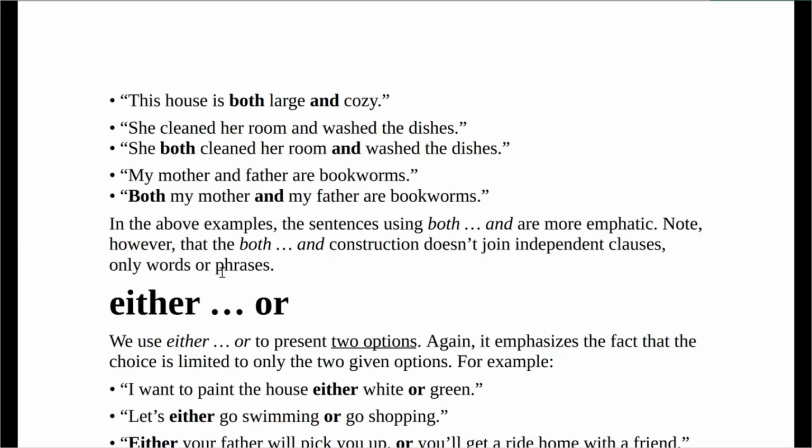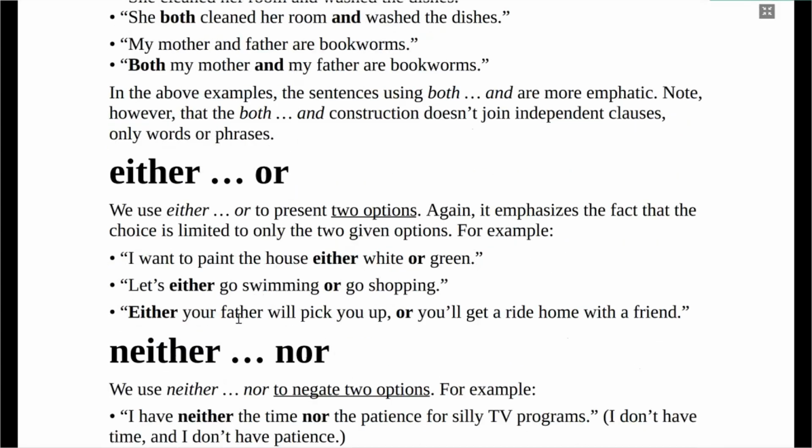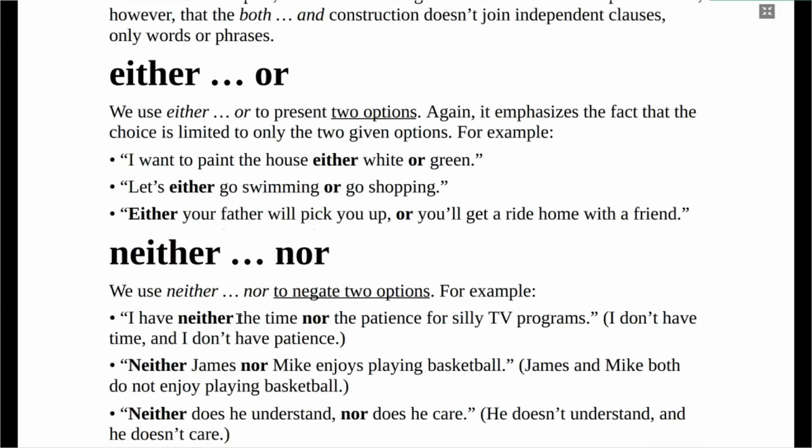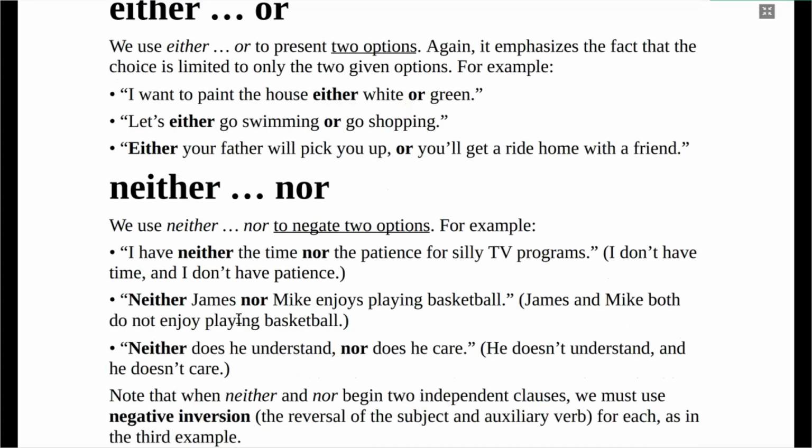The next one is either or. We use either or to present two options. Again, it emphasizes the fact that the choice is limited to only two. For example, I want to paint the house either white or green. You can't say I want to paint the house either white, green or blue.